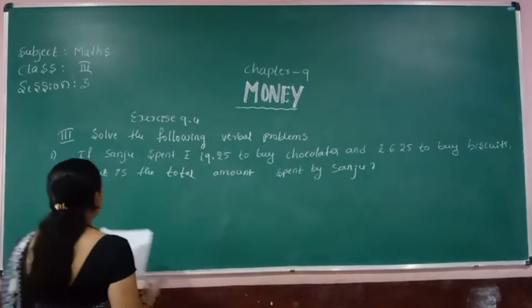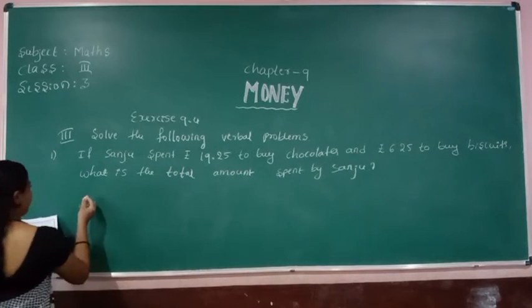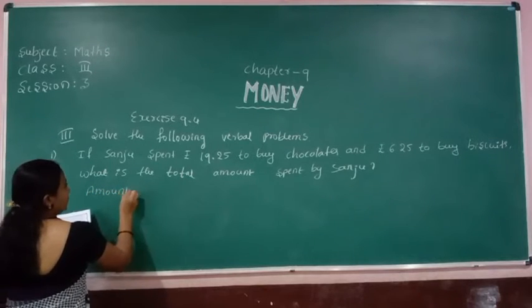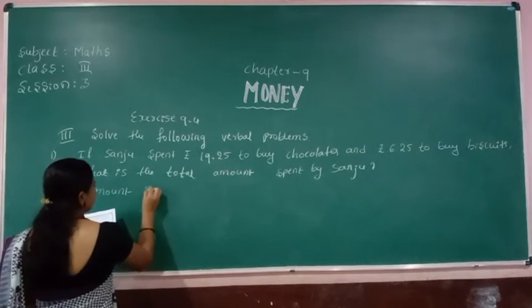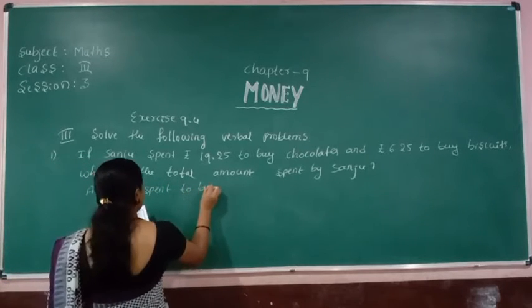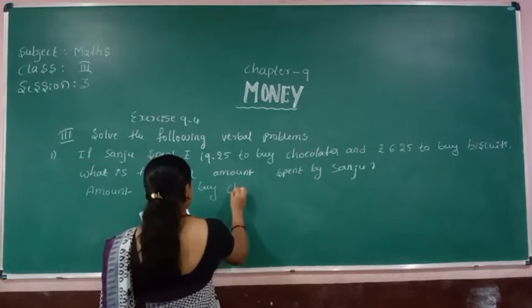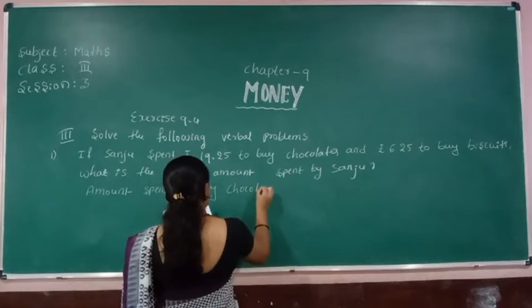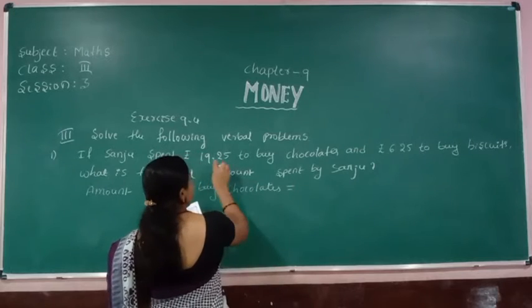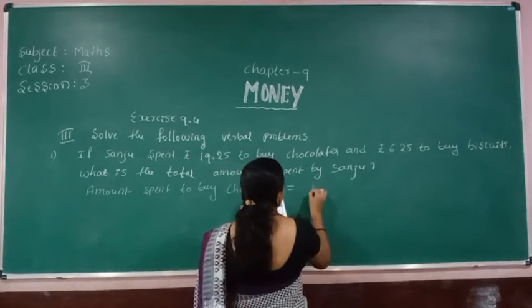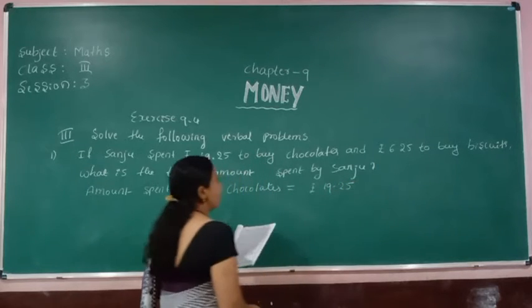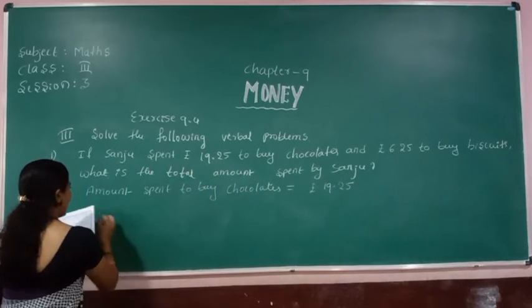Okay, so we will write here: amount spent to buy chocolates. How much did he spend here? 19 rupees 25 paise.